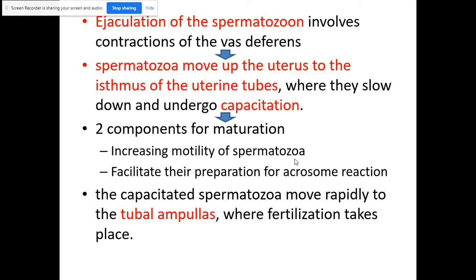From the isthmus, the capacitated spermatozoa move rapidly to the tubal ampullas where fertilization takes place. Remember this, because it will be discussed also in your future lectures. The ampulla is the area where fertilization takes place in the female organ.